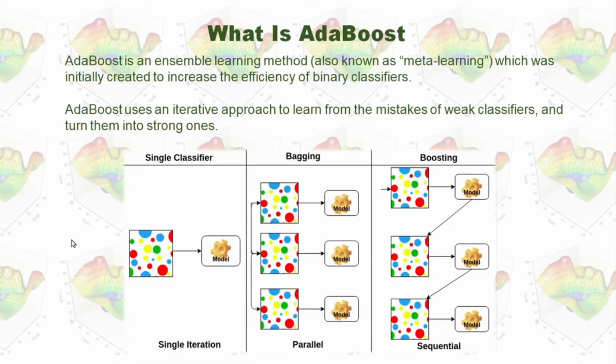Now you can see we have three different approaches to build our model. One is called single classifier. We have our data, and from that we build our model. And we have another method called bagging.